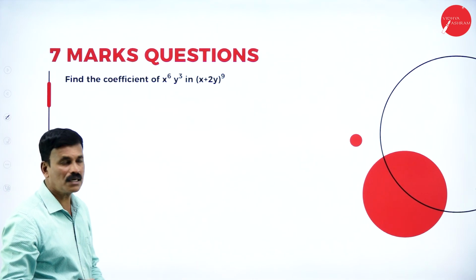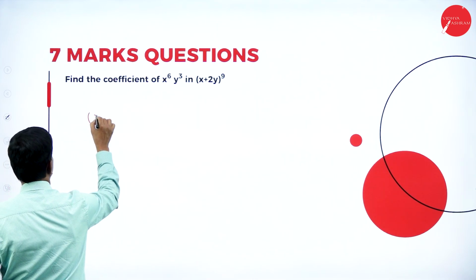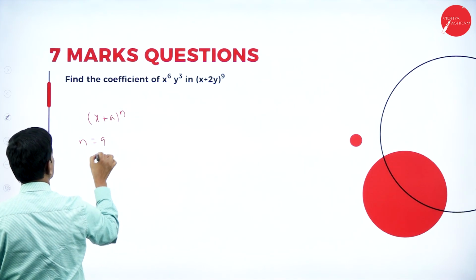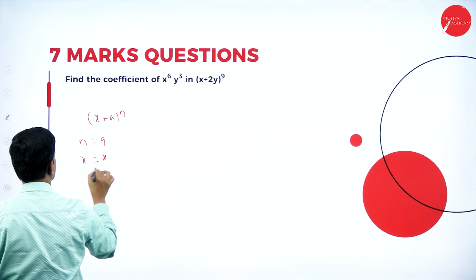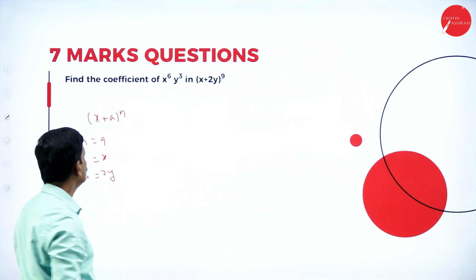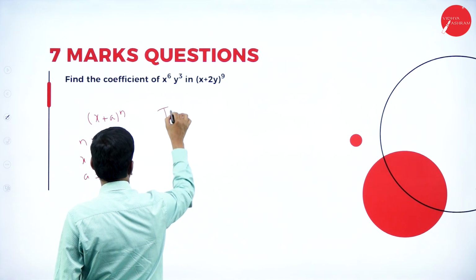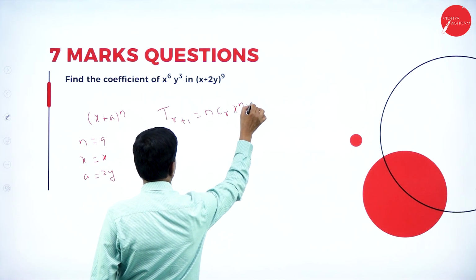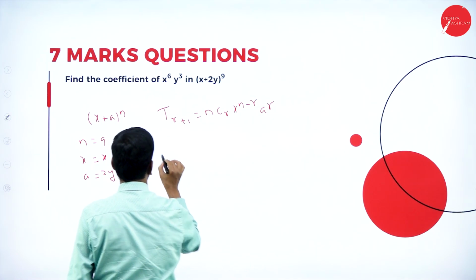Now, let us compare. Comparing with (x + a) to the power of n, what is n? n is equal to 9, x is equal to x and a is equal to 2y. Now, what is the general formula? T(r+1) is equal to nCr x to the power of n minus r into a to the power of r.